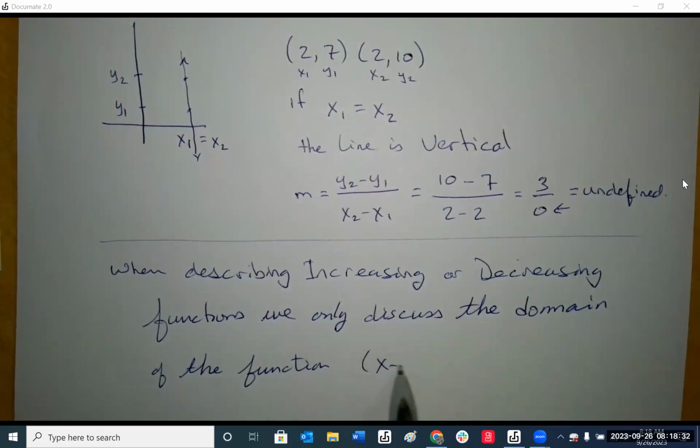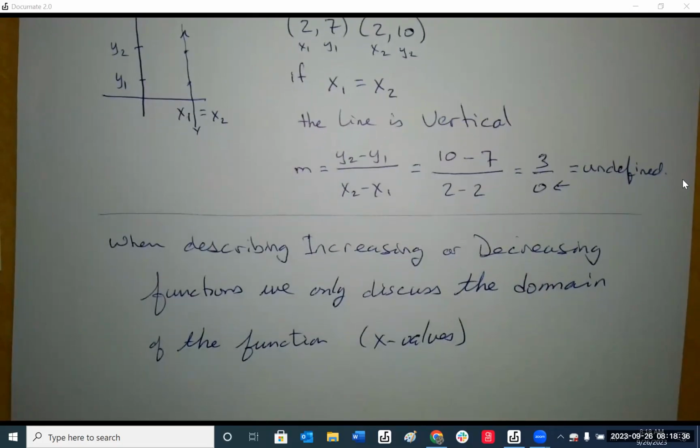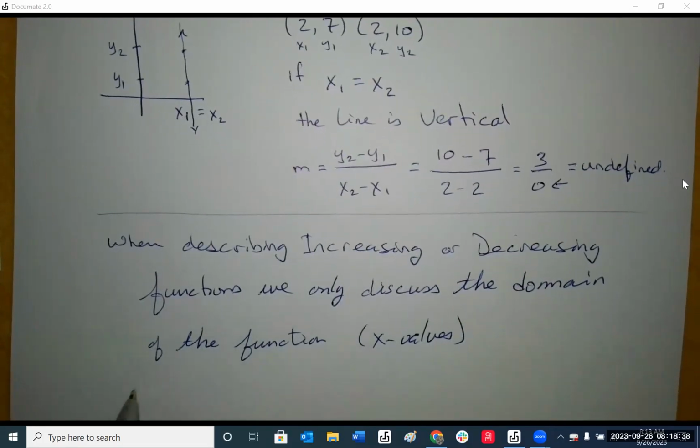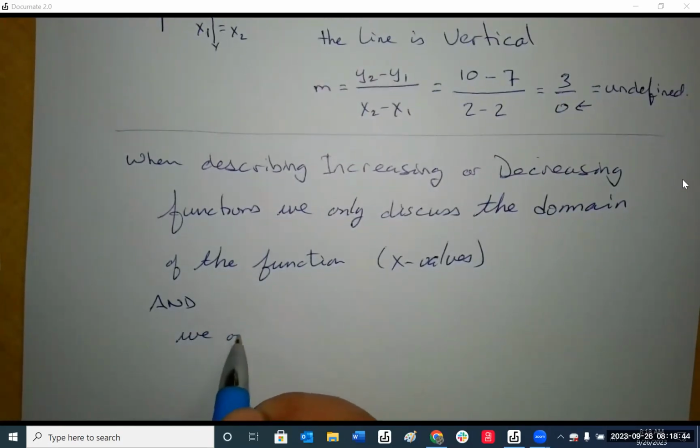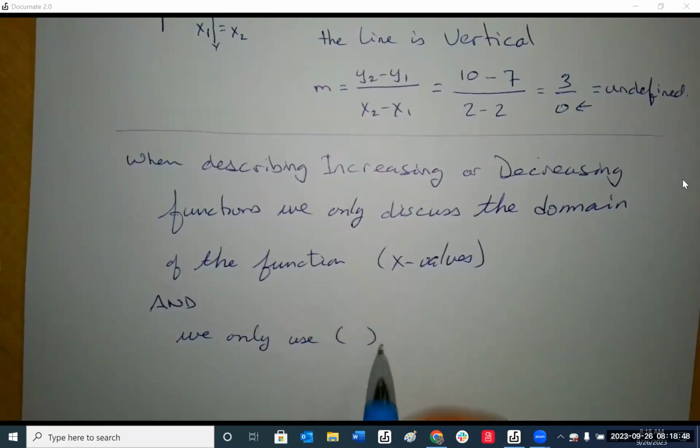That is the x values. And we only use parentheses.